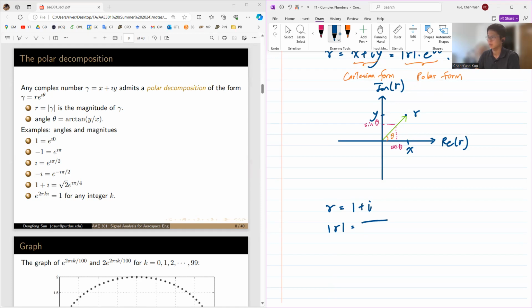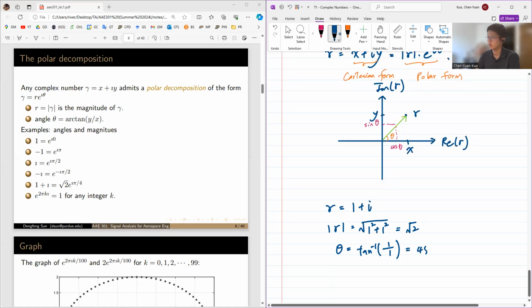That's going to be the square root of 1 squared plus 1 squared, and that's the square root of 2. And then the angle will be the arctangent of 1 over 1 in this case. So that's basically just 45 degrees or pi over 4.